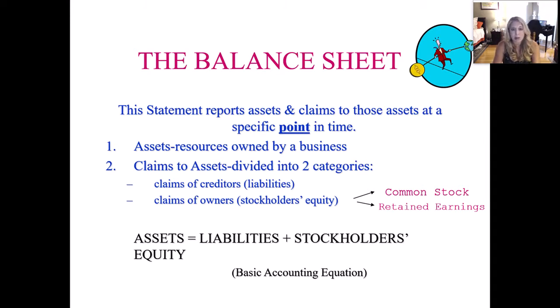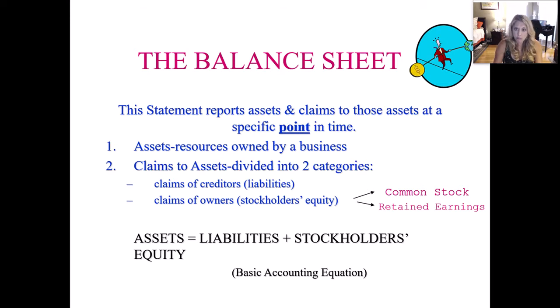And then we have your claims of your owners, which is your stockholders' equity. And that is going to be divided up into 2 further categories: your common stock, which is their initial investment into your company, and then your retained earnings, that's ending retained earnings, what your company has earned, what you're keeping in the business.